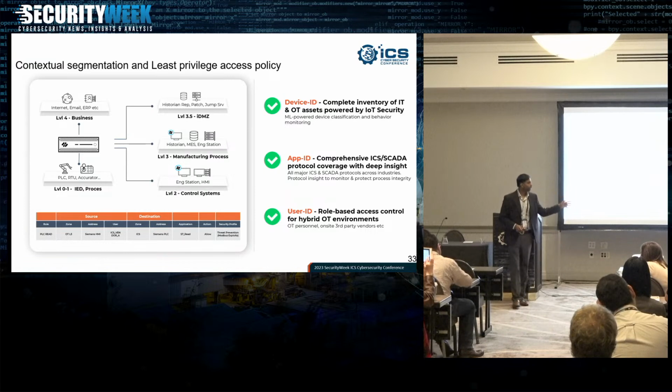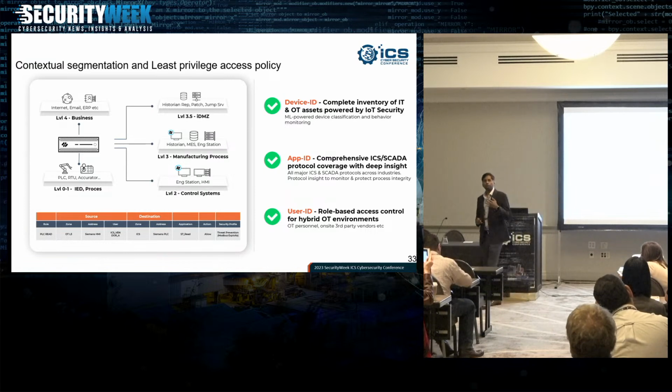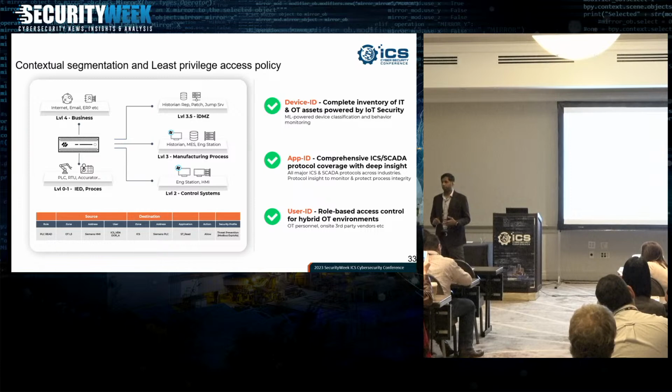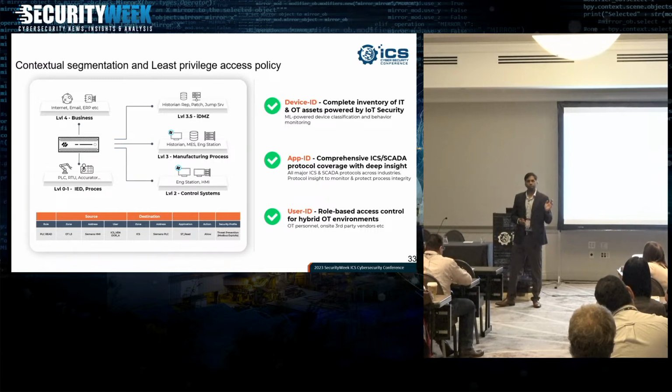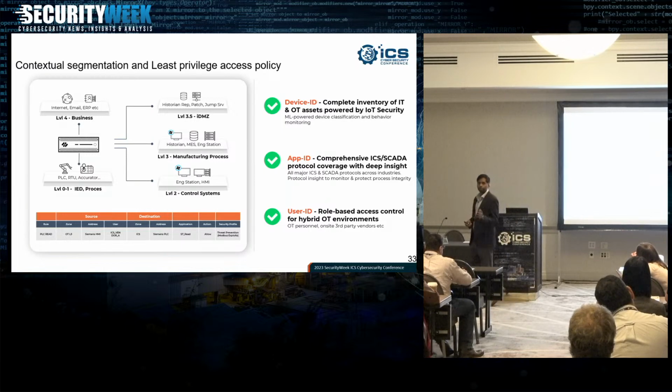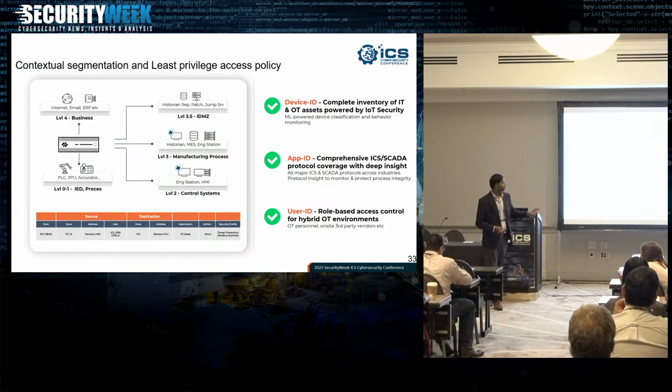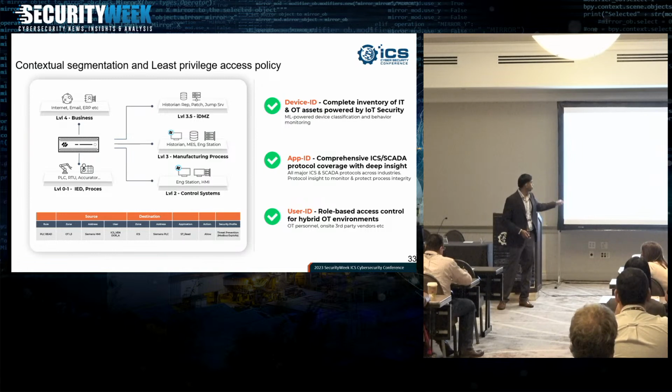The app ID is a comprehensive visibility of all your OT applications, like EtherNet/IP, Modbus, DNP3, Red Lion, Siemens S7. We have broad protocol coverage, so we can take this app ID to write the policy.